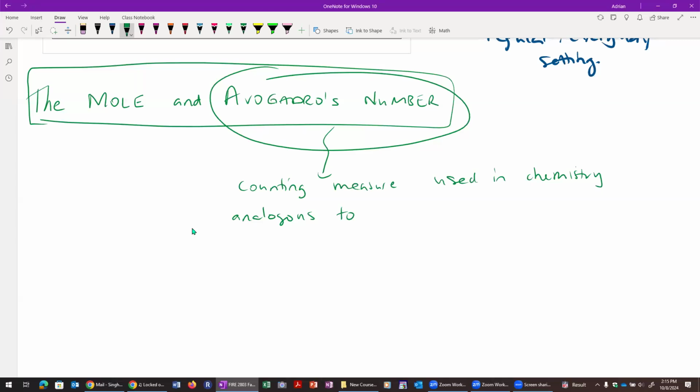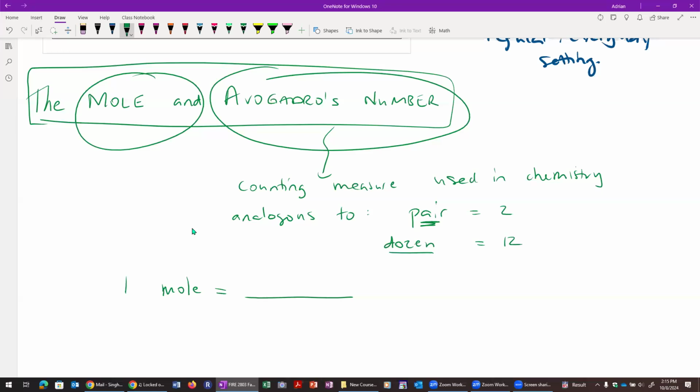So for example, if you think about a pair of shoes, a pair always means two. If you have a dozen of something, a dozen eggs, a dozen means 12 of that thing. When we talk about a mole of something, one mole of something always means a certain number of that thing, and that number is Avogadro's number.